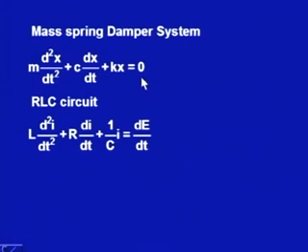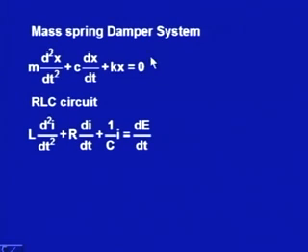A similar type of second order equation can be obtained in RLC circuits, where L is the inductance, R is the resistance, C is the capacitance, and E is the external EMF applied in the circuit. So, we write down the differential equation as L d2I/dt2 + R dI/dt + (1/C) I = dE/dt, I being the current in the circuit.